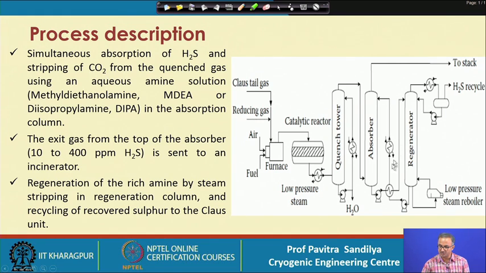Whatever rich amine is coming is taken here, and from this we get the lean amine, which is fed back to the absorber. So, the absorber and regenerator are taken as a pair to do this process, and for the regeneration, as I said, low pressure steam is taken, and this may be obtained from the steam produced after the Claus catalytic reactor. So, this is how we carry out the overall process.